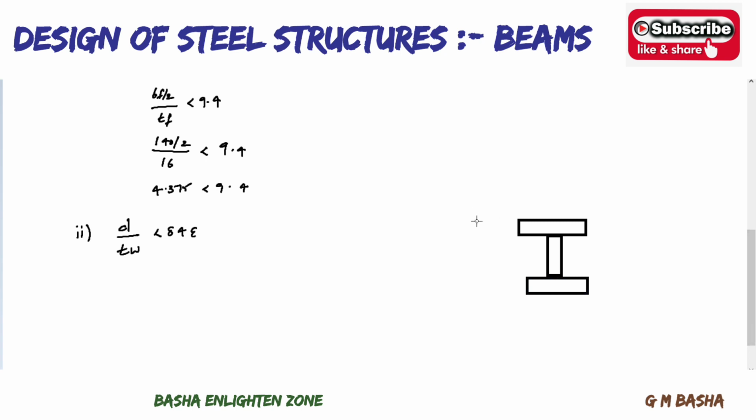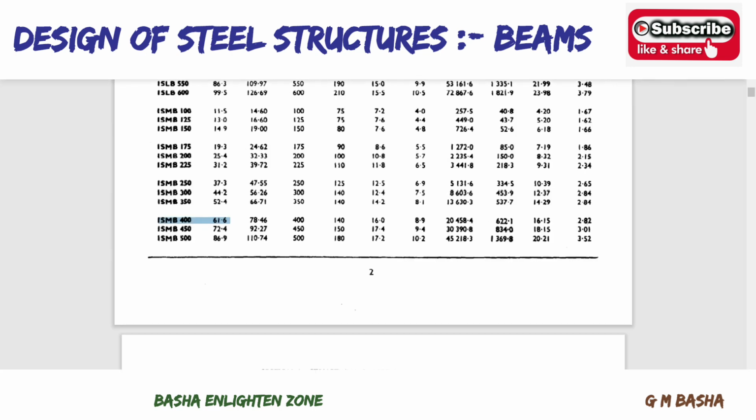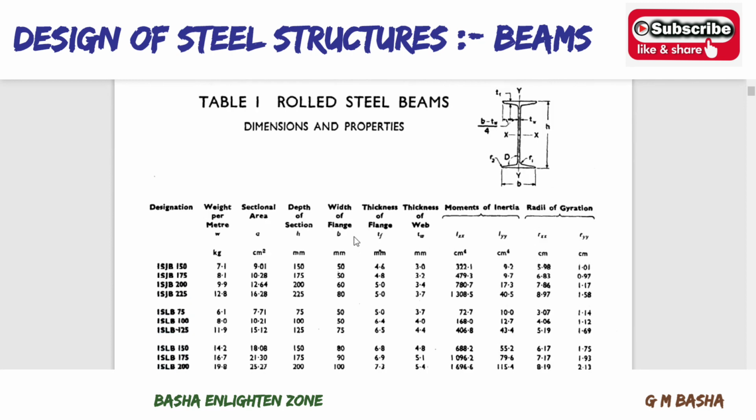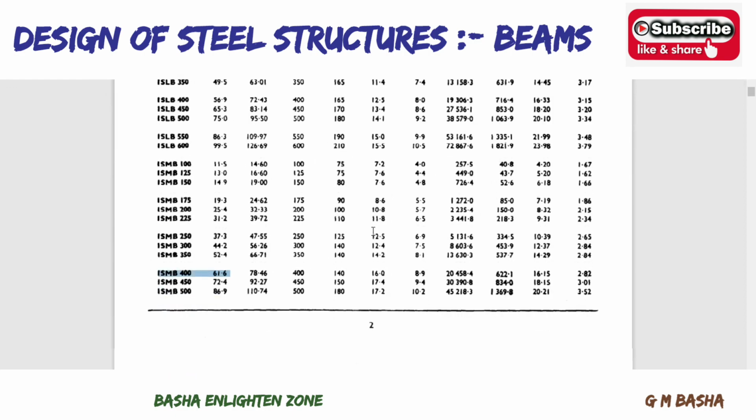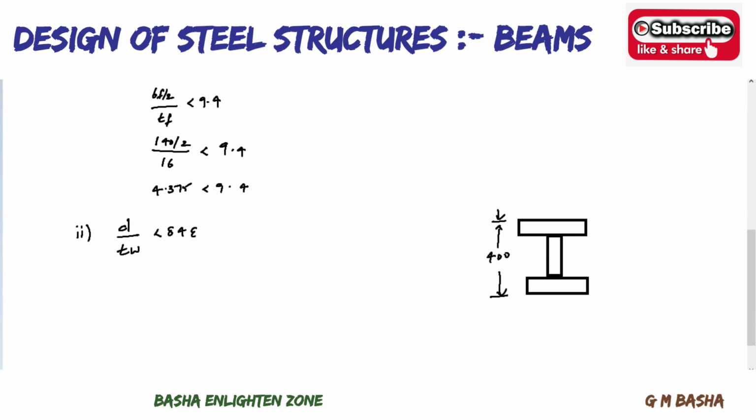This I section, from here to the bottom, will be 400. The width of the flange will be 140, and the thickness of the flange will be 16. Both flanges will be 16 and 16.